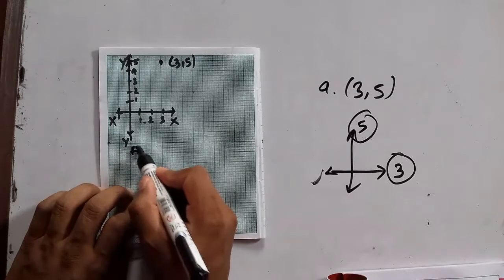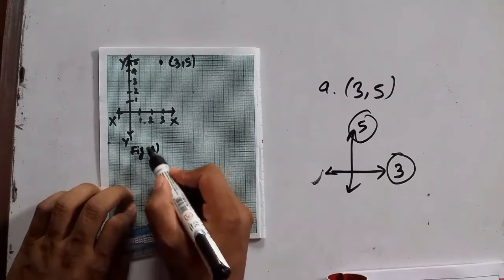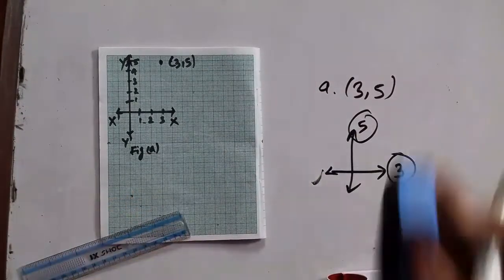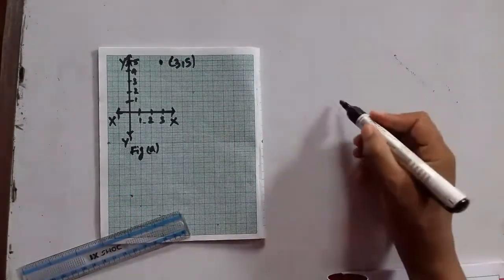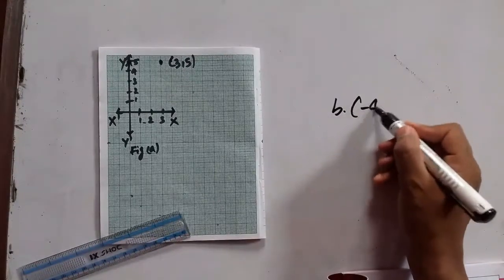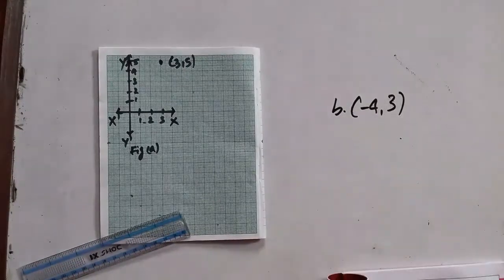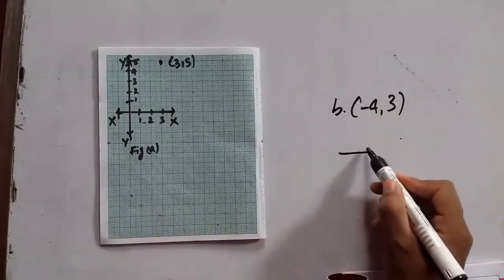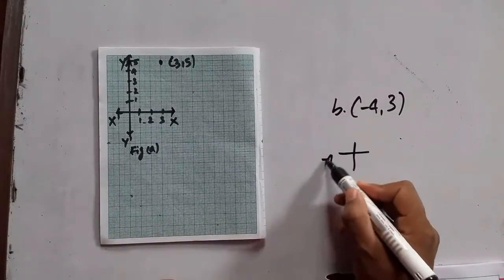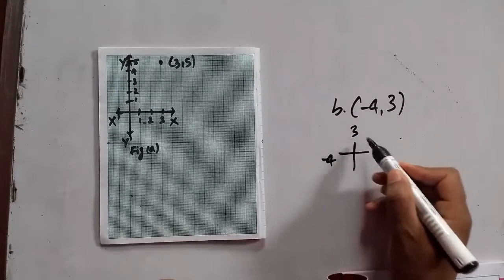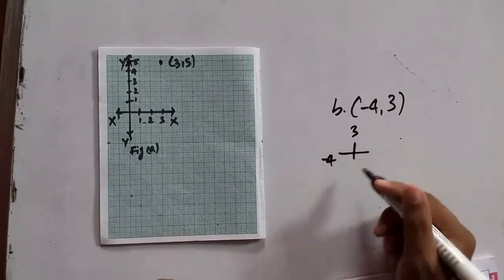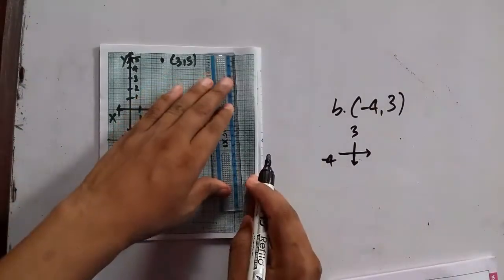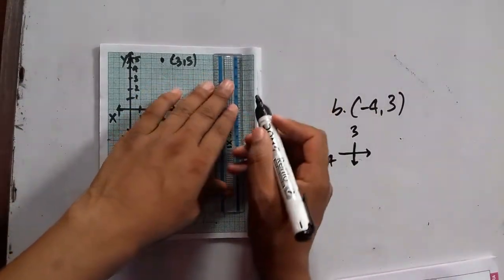This is figure A for question number A. Then for B we have the point (-4, 3). This means on this side we need -4 and up we need 3. So we don't need these two sides. I am going to draw from this side here.